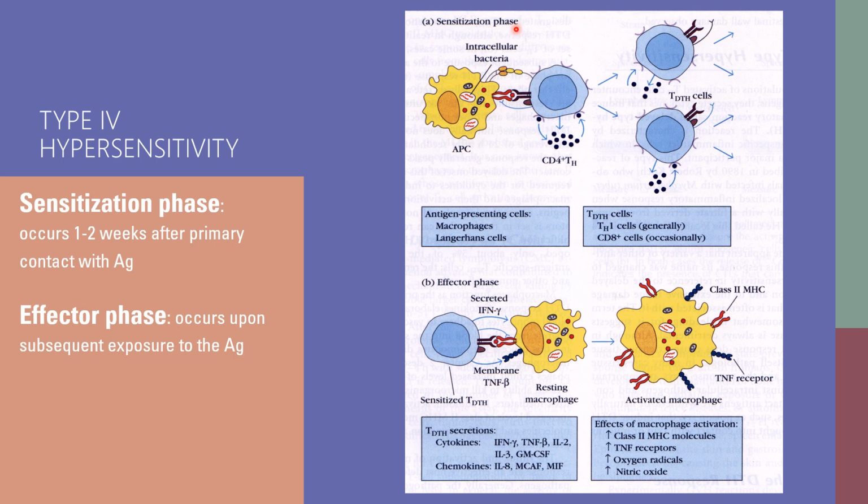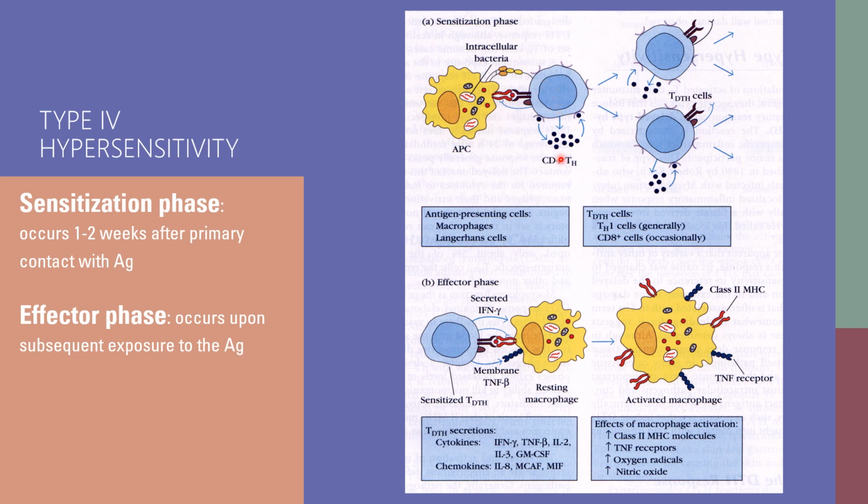So in sensitization phase, the T helper cells are activated and clonally expanded by antigen presented together with a class 2 major histocompatibility complex on a specific appropriate antigen presenting cell. Example, macrophage or Langerhans cells, which are your dendritic epidermal cells.